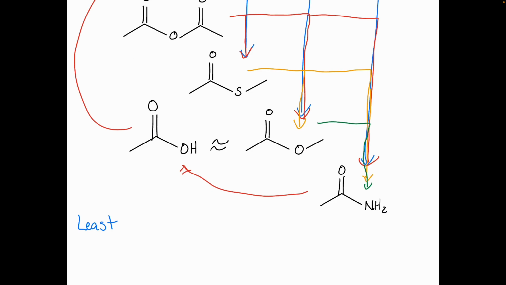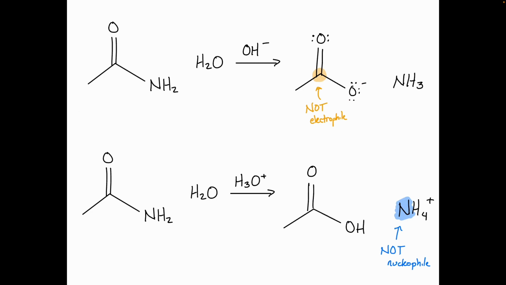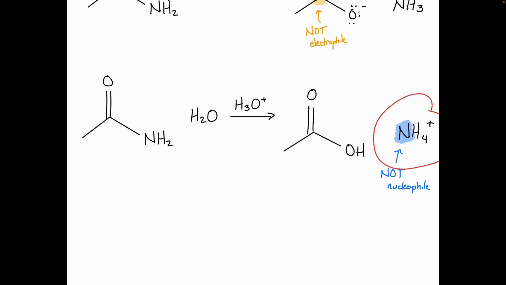It's favored because one, you can have a huge excess of water in there to help push it in the reverse direction, but also it will get trapped as either the carboxylate or the ammonium, preventing it from going in the reverse direction. And like we said, our amine got protonated, because amines are bases. So let's take a look at the basicity of these functional groups.